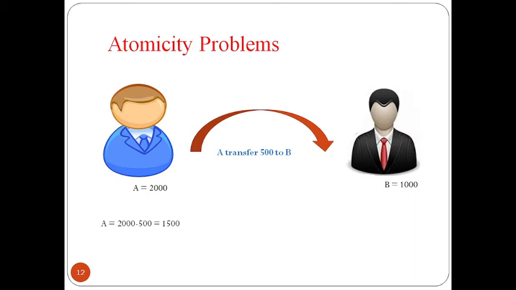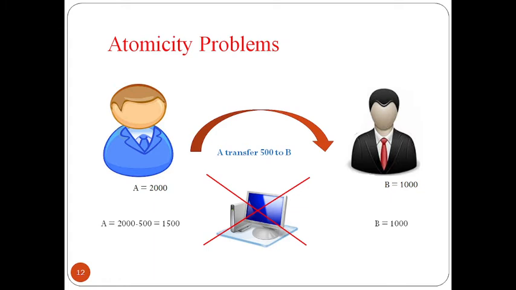A's account is reduced by 500 rupees. Now A has 1500 rupees, and the system fails in between. What will be the amount in B's account now? B has only 1000 rupees because the addition operation is not performed. B equals 1000 plus 500. This addition must be performed, but it is not performed due to the system failure.